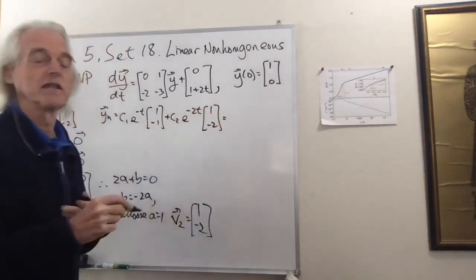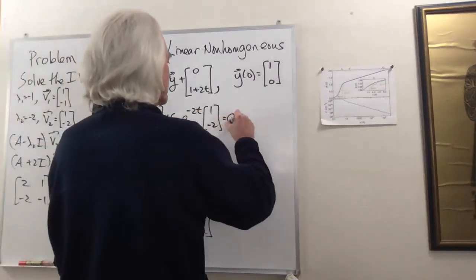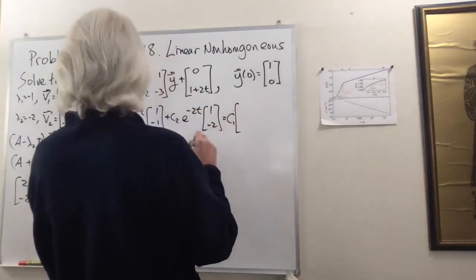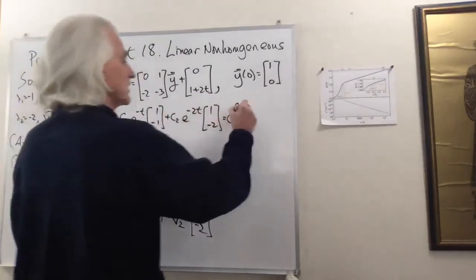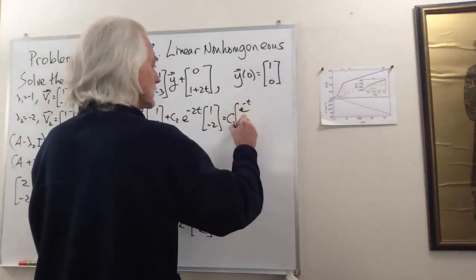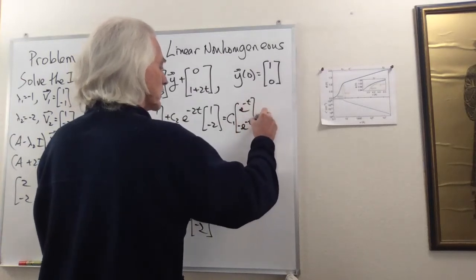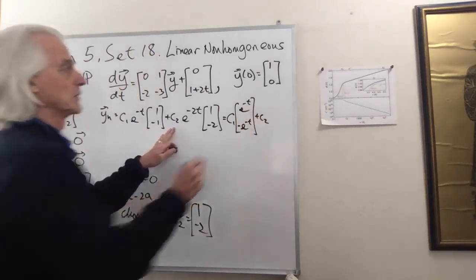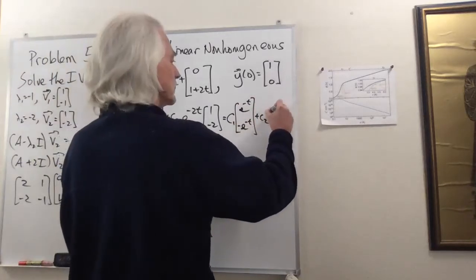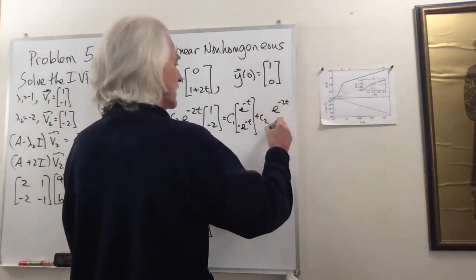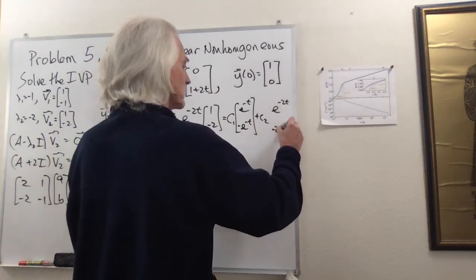All right, and then WebWork actually wants it of this form. C1 times (e to the minus t, negative e to the negative t), plus C2 times (e to the minus 2t, -2 e to the negative 2t).